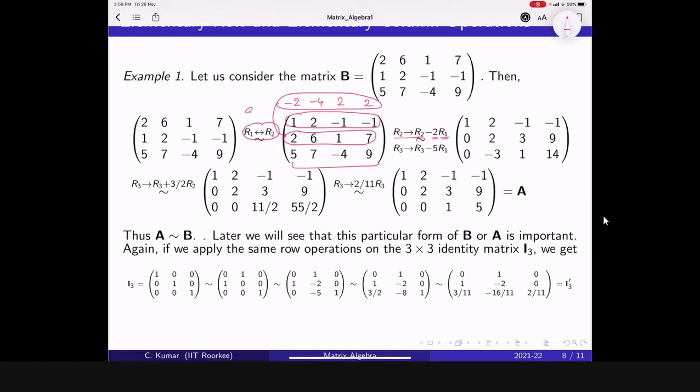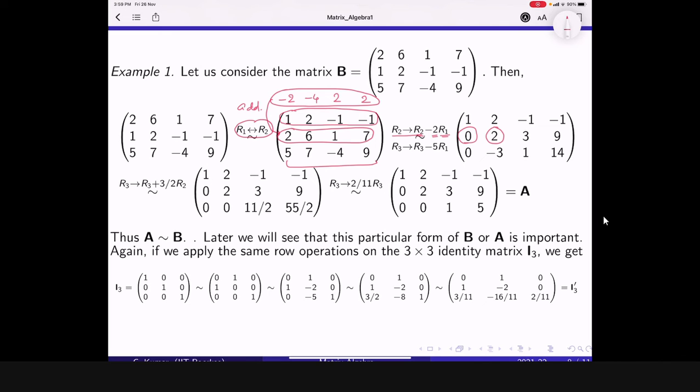So what do you get? -2 plus 2 will be 0. -4 plus 6 will be 2. Then 2 plus 1 will be 3. And then 2 plus 7 will be 9. Okay, so you get this row. The rest of the rows will remain the same.